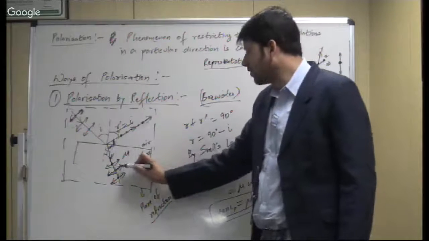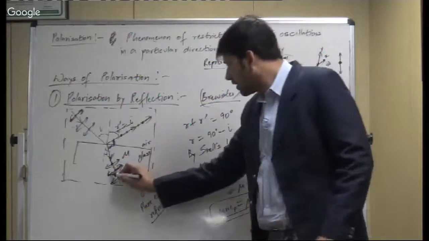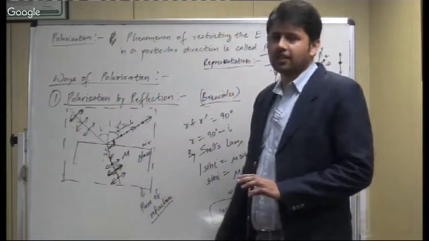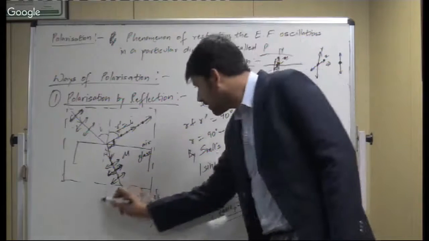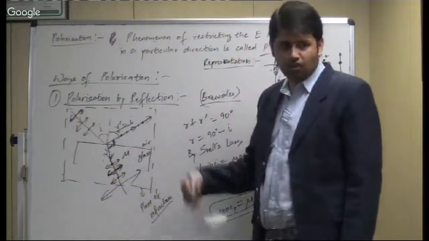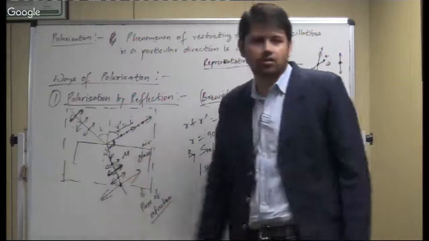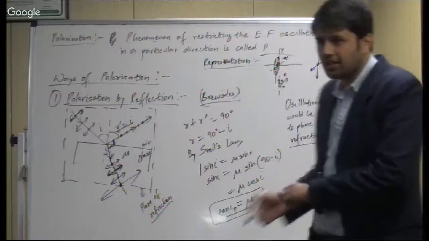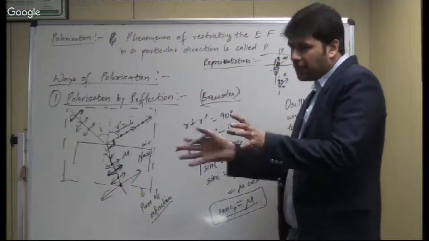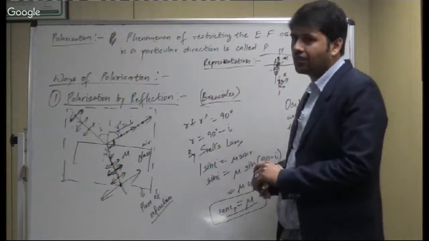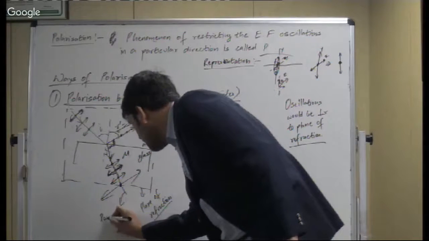So what we are left with are oscillations in this direction, as well as some oscillations into and out of the plane. The strength of the electric field in this direction would be stronger, while the strength of the electric field into and out of the plane would be a lot weaker. This kind of situation, in which there are two types of electric field of unequal strength, is called partially polarized light.